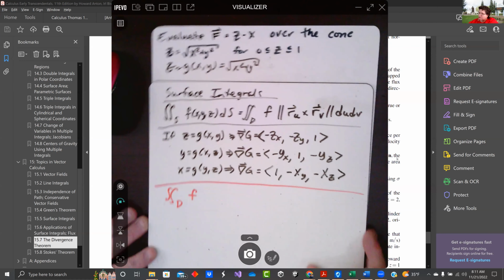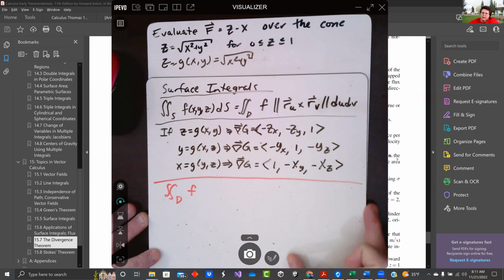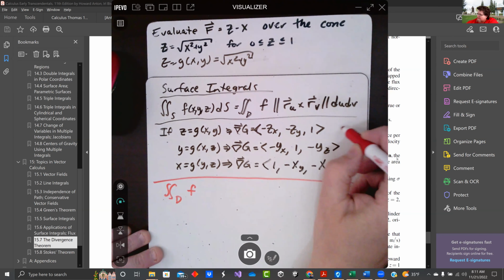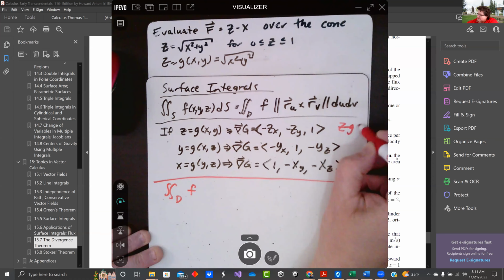Okay, so as a quick recap, surface integrals, we're doing some function times the magnitude of r_u cross r_v. If we have some function where Z is a function of X and Y, we can use the gradient of G, and we're going to say G is effectively Z minus g of XY.